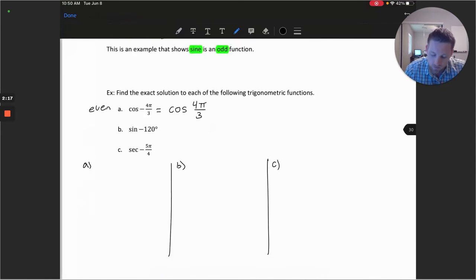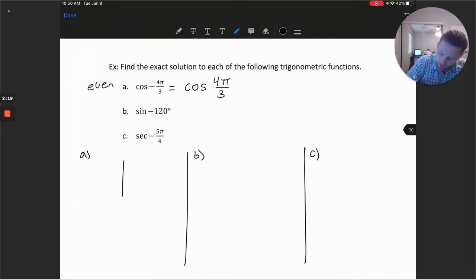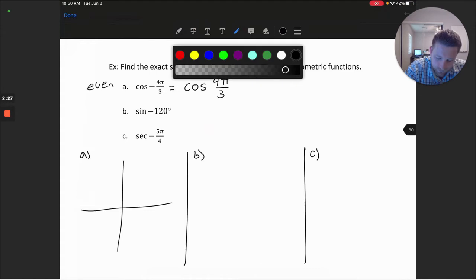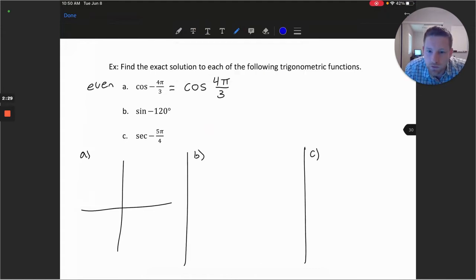And so we can use some reference angles here to solve the rest. If I wanted to draw this angle 4 pi over 3, it's just over pi units, so pi units is the same as 180 degrees.